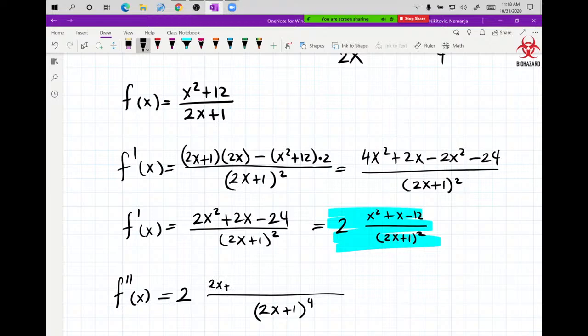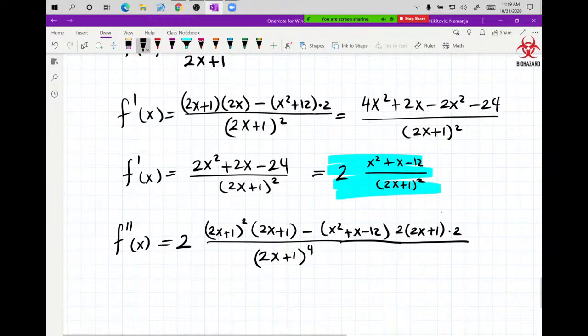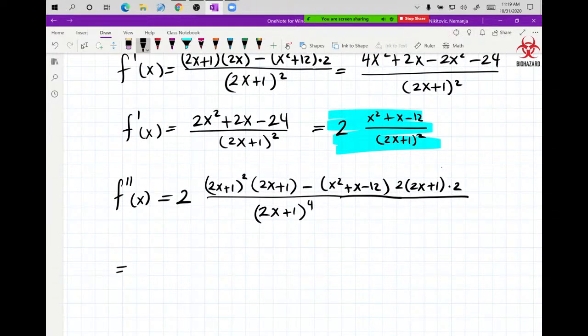So (2x plus 1) squared times the derivative of the top, which is 2x plus 1, minus copy the top, x squared plus x minus 12, times the derivative of the bottom, which is (2x plus 1) to the first power times the chain rule from the inside, another 2 over there. And that works out to be what?